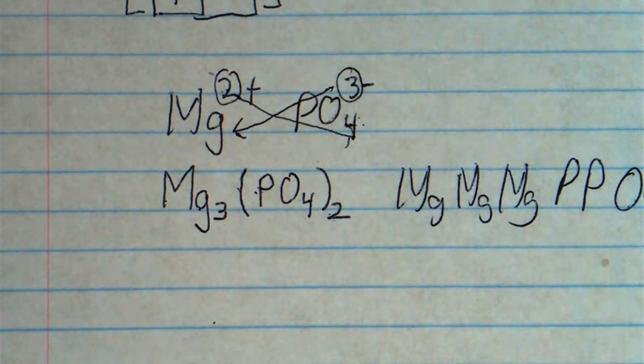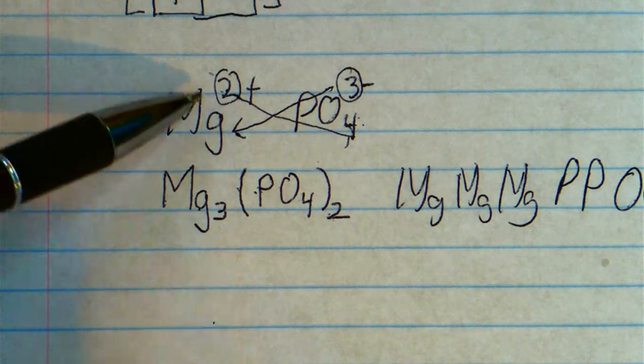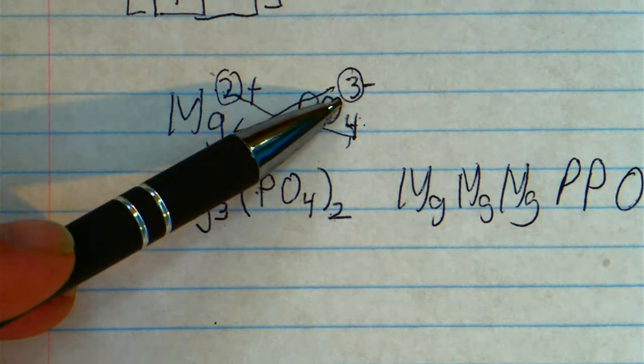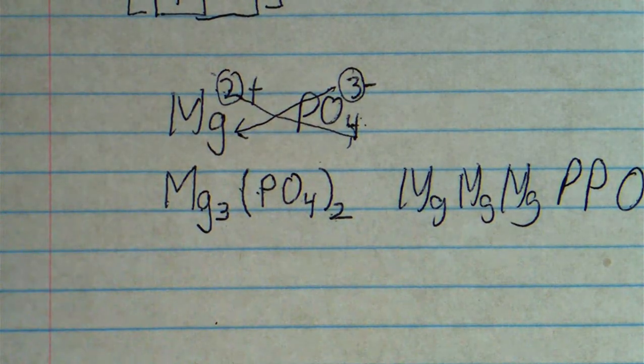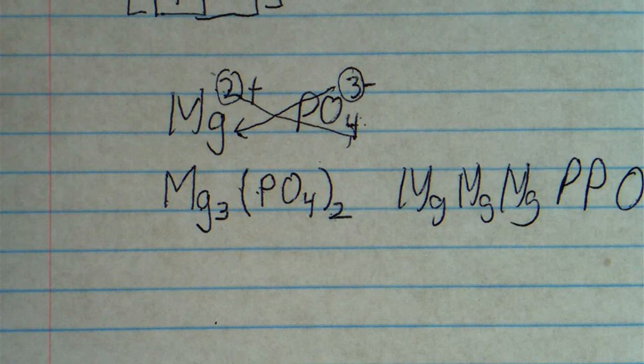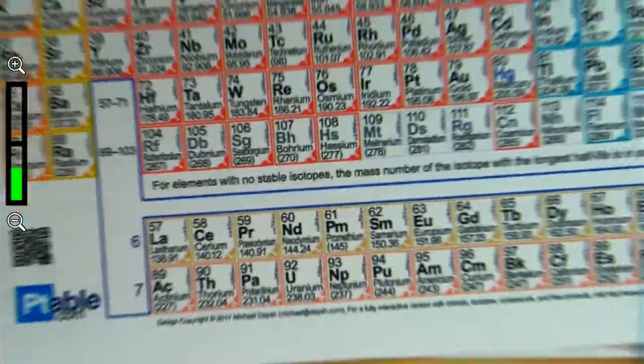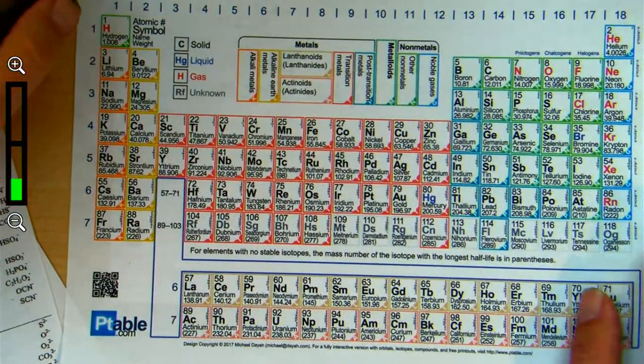And this is magnesium phosphate because magnesium is always going to be a 2 plus. Phosphate is always going to be a 3 minus. So there's no need for Roman numerals for a situation like this. The Roman numerals come up when there's the possibility that the cation has different charge states.